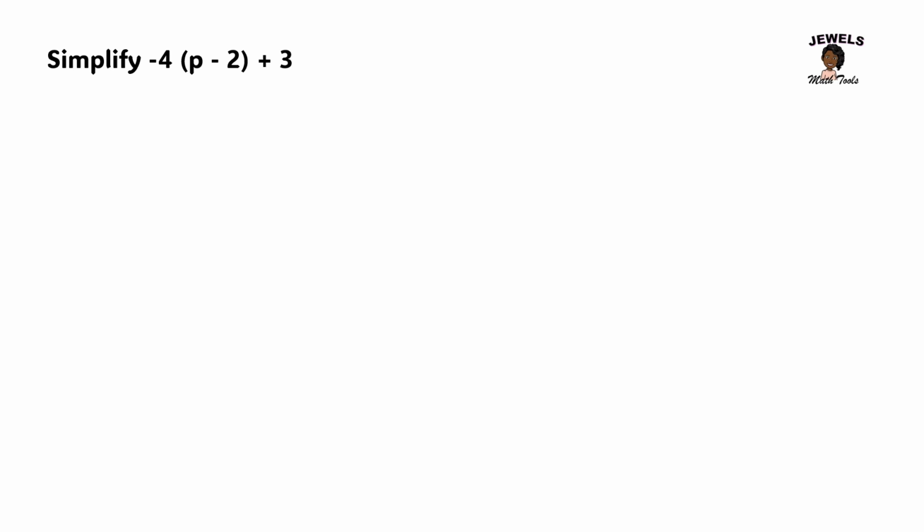In our examples today, we are going to be working a little bit more with negative numbers when we are simplifying our expression. And as always, I will simplify my parentheses at the side so that you can see how we're going to work through this distribution. So we have our -4 that's going to be distributed to the expression of p minus 2 within our parentheses.